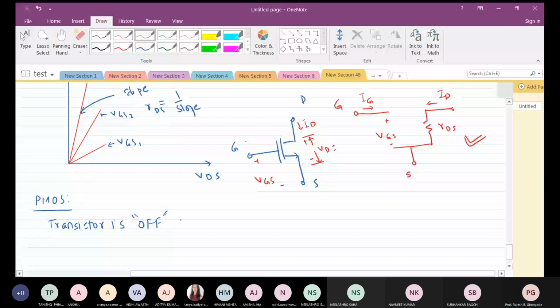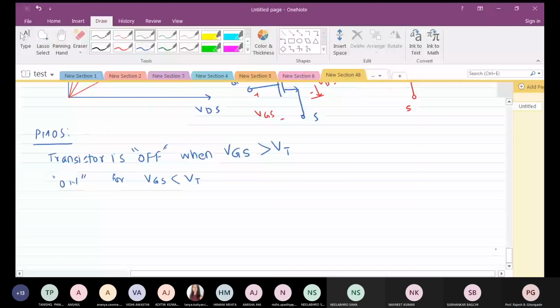When VGS is greater than VT. It is exactly the converse, and it is on for VGS less than VT. All the equations remain the same.